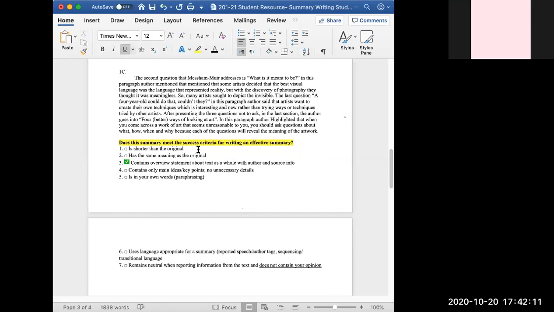There were no subjective ideas. The usage of language was appropriate for a summary. That's all we discussed, actually.